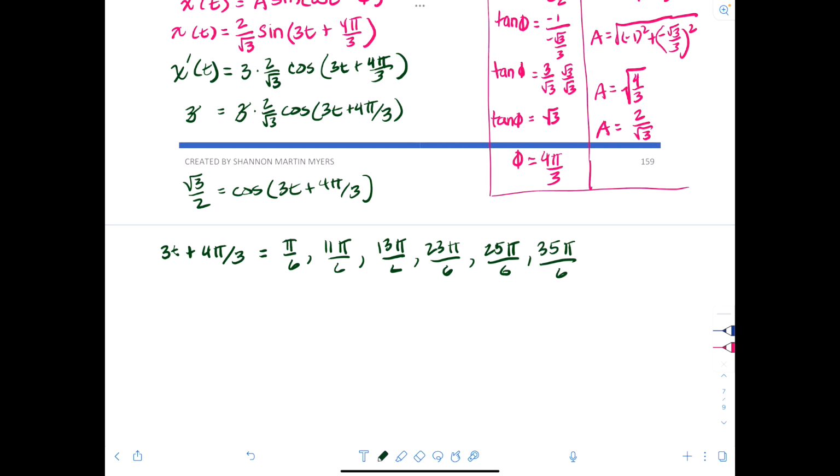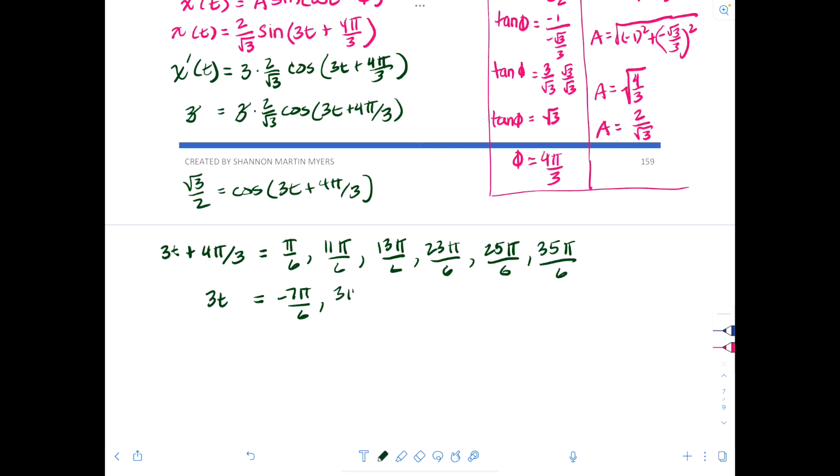All right, now from each of these angles, we need to subtract 4 pi over 3. So the common denominator is 6, so you're really subtracting 8 pi over 6. So 3t is going to be negative 7 pi over 6.